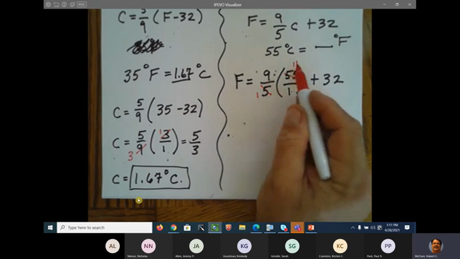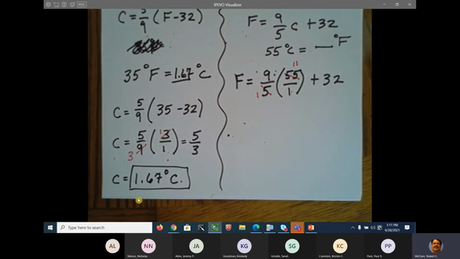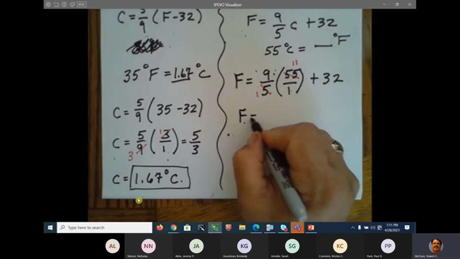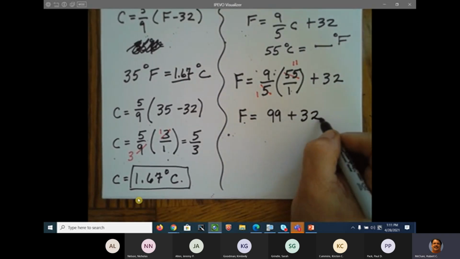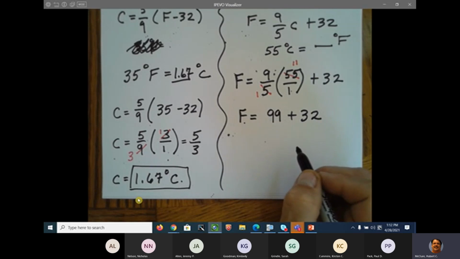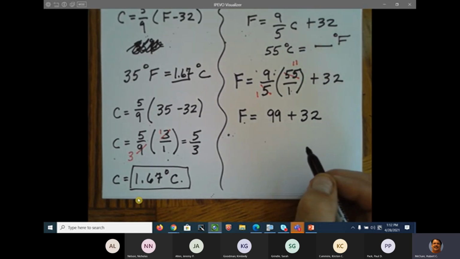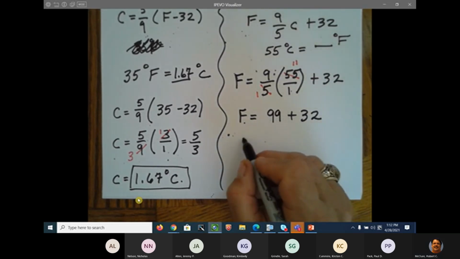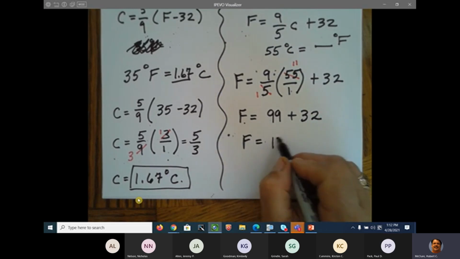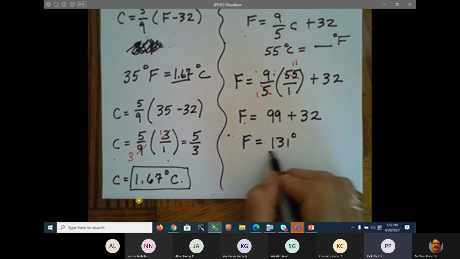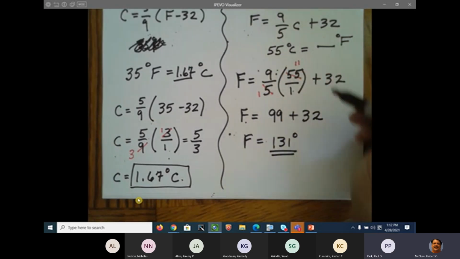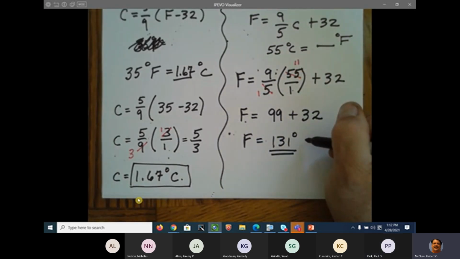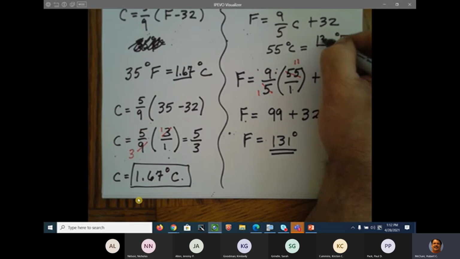And 9 times 11 is 99. So F is equal to 99 plus 32, and that's 131. Y'all check my math. You're correct. So 55 degrees Celsius is equal to 131 degrees Fahrenheit.